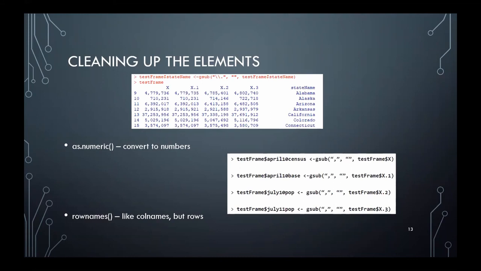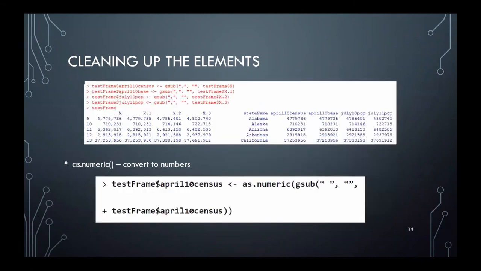So we're going to have test frame April 10 census, and we're going to put an X in front of April 10 census. We're going to do that for all four of them. We're getting there. Now we've got state name, April 10 census, April 10 base, sorry, 10 pop and 11 pop.